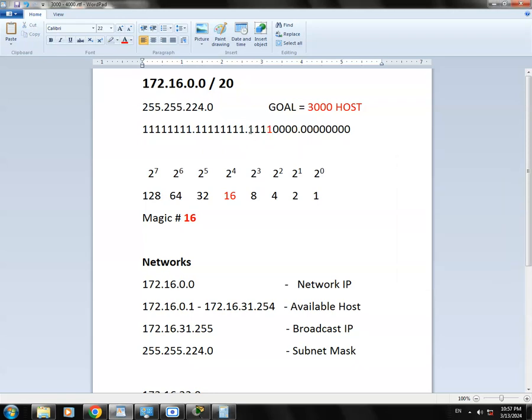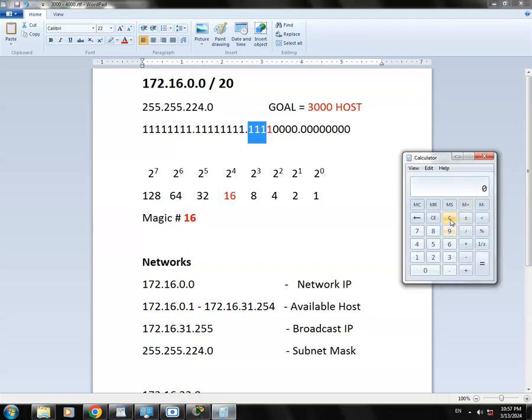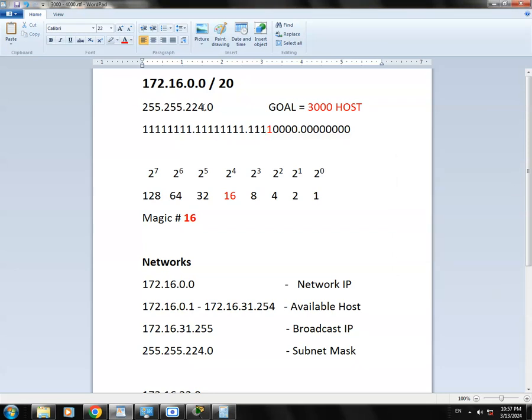This is 128, 64, 32, and 16. So 128 plus 64 plus 32 plus 16 is 240. I'll change this to 240, and the next should be 0 because these are all 0.